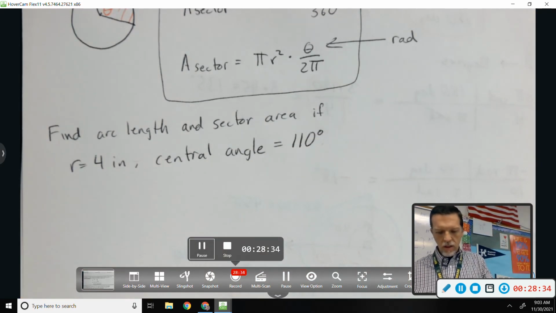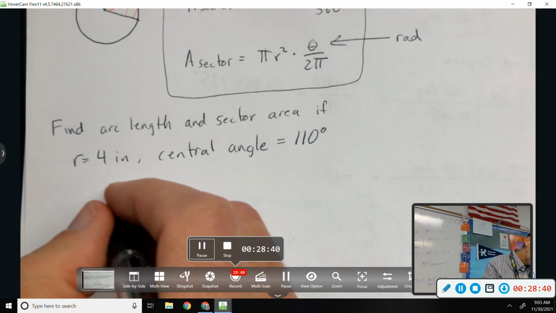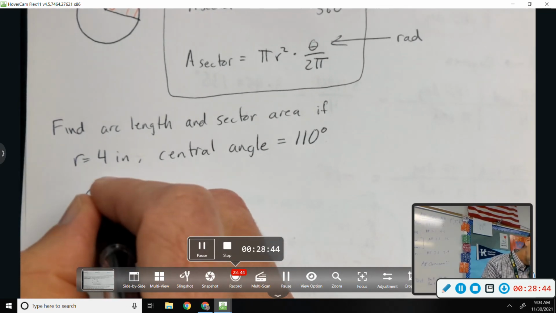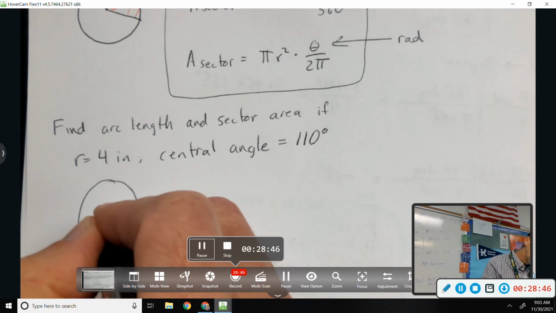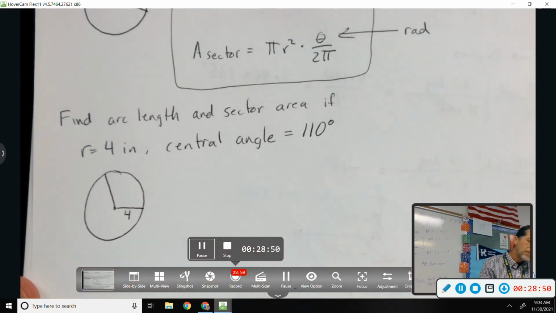Alright, we didn't say central angle earlier, but you figure out what that means. That's the central angle. Perhaps a picture. Let's see, 110 would be a little more than 90. Your picture doesn't have to be perfect, but it might help if it is reasonably close.